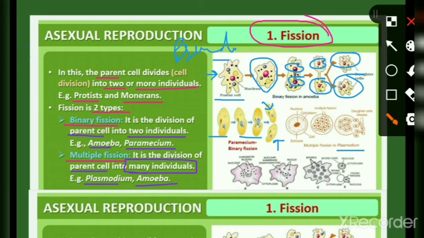This is the structure of Plasmodium, and in multiple fission its nucleus divides multiple times to give rise to many nuclei, and around these nuclei some amount of cytoplasm collects and forms many spores. After the maturity of these spores, the wall of the organism breaks and all the spores are released into the blood.